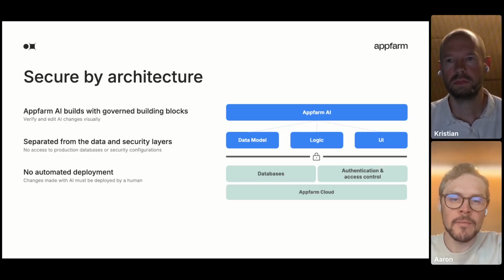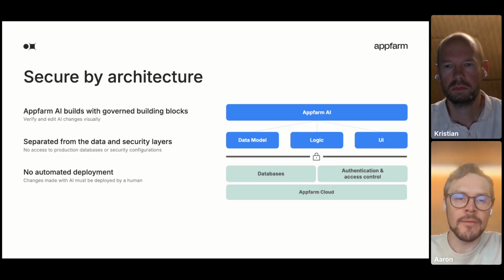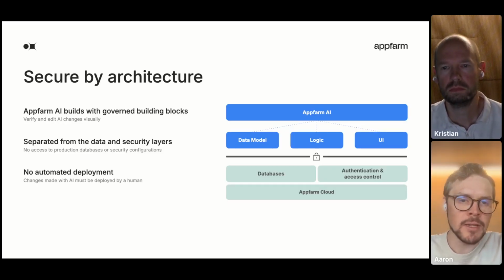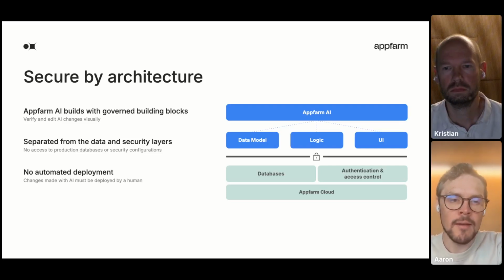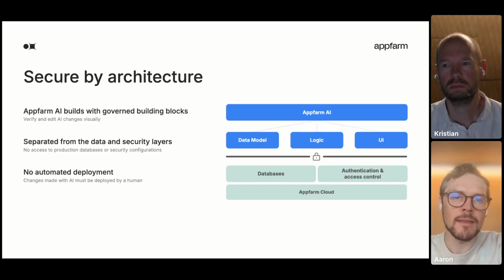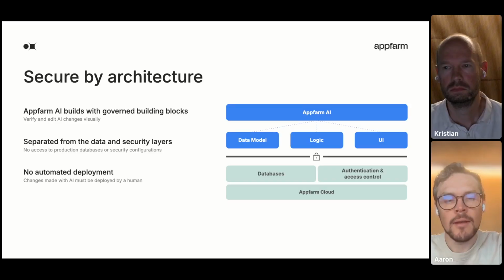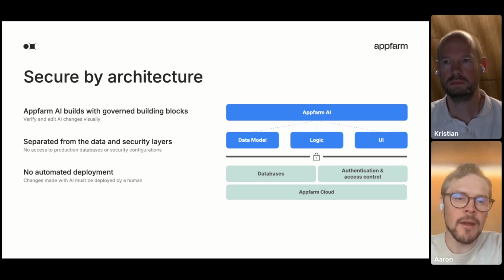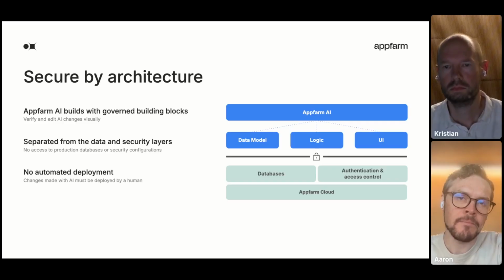And also, Appfarm AI can't deploy for you, so it won't make a change and deploy it to production without you knowing. You have to go in and manually schedule that deployment or make that happen. So this is a really important element to how we've created Appfarm AI and how it interacts with the platform.